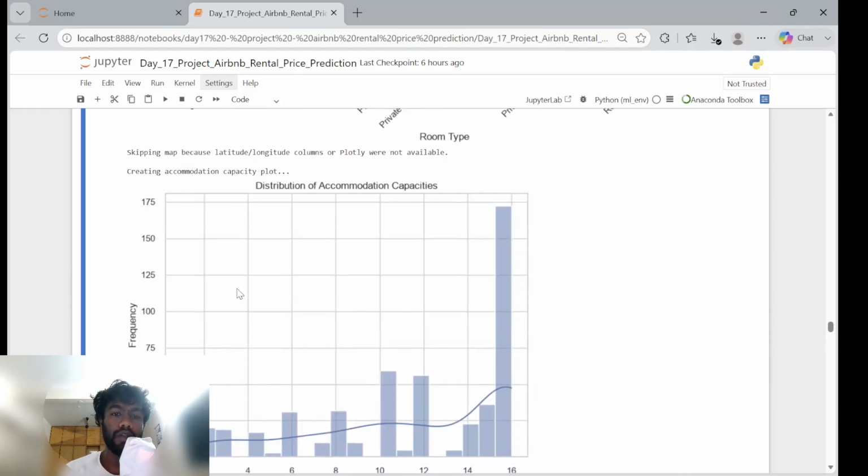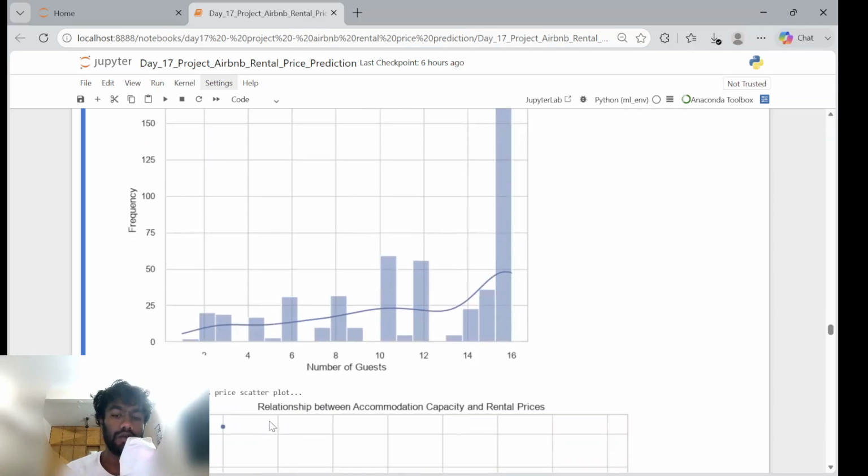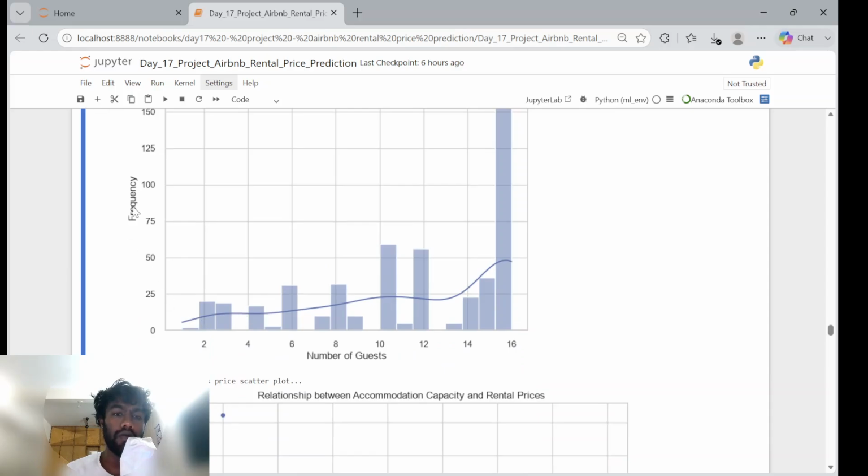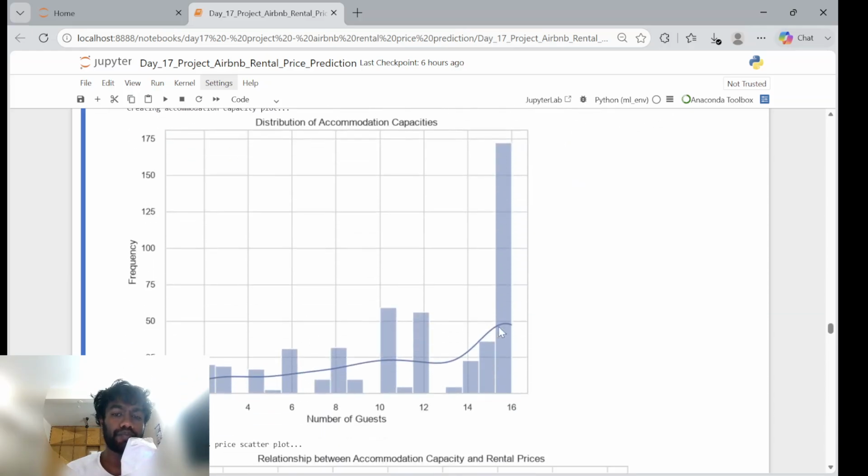So another thing is distribution of accommodation and frequency. So not a lot of things to break down here. Frequency of number of guests at 16. Number of guests 16 have a higher booking chances at around close to 175, with 10 or 12 number of guests having to book an Airbnb listing property at around close to 60, right?